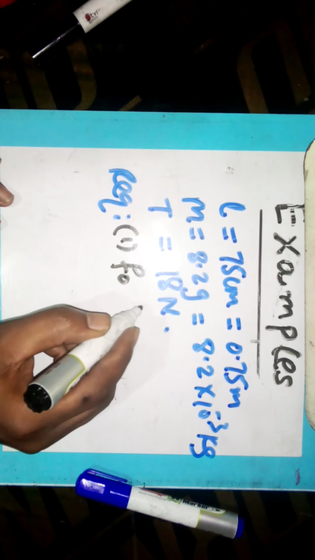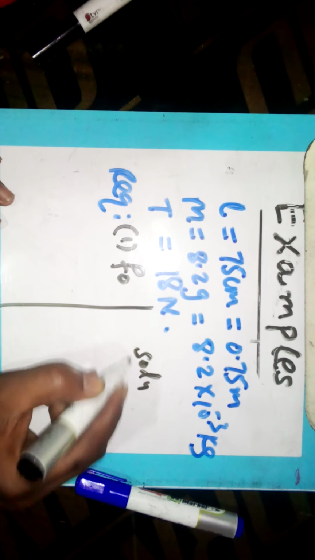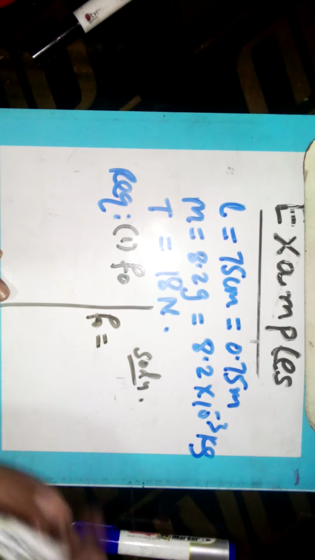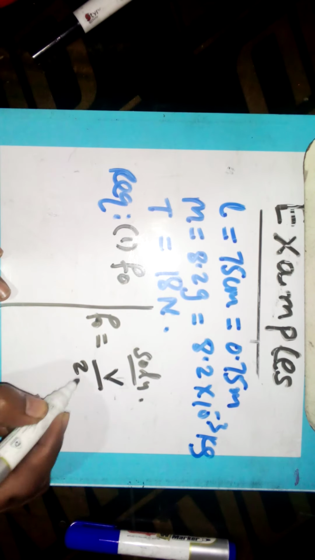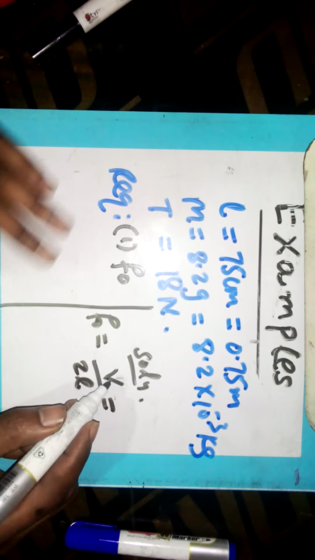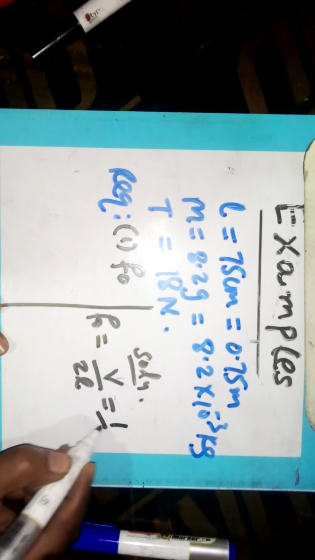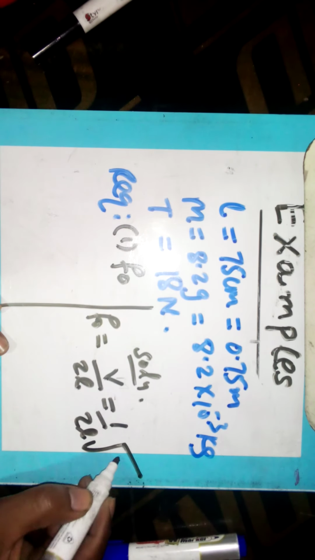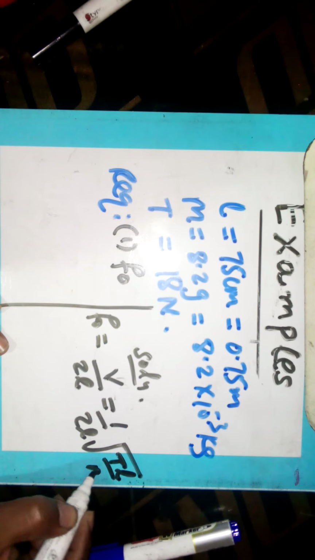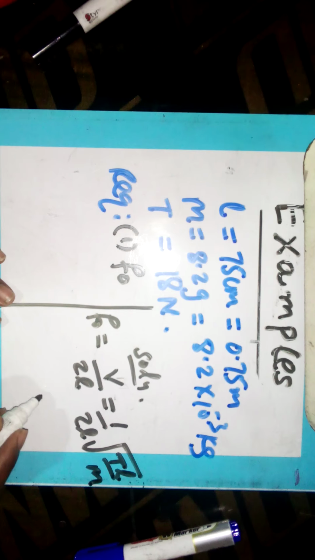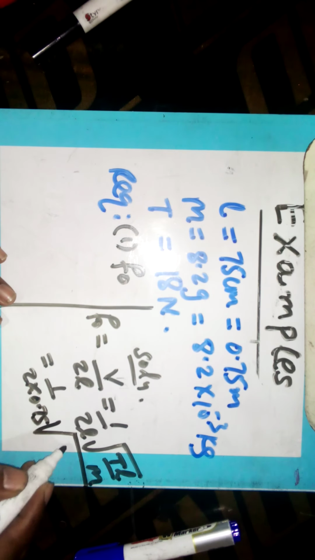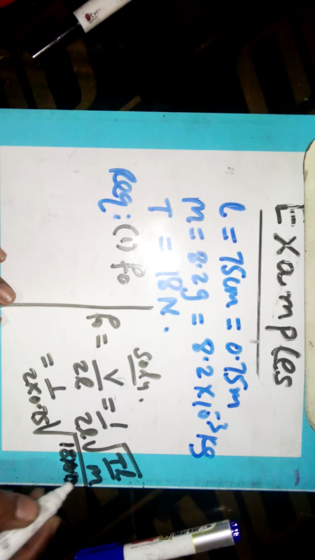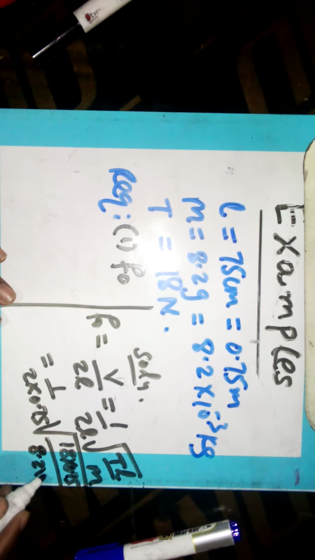Solution: on calculating F naught, I think you know what F naught is. For a vibrating string, it is V over 2L. We don't have V directly, but we know how to get V. This is the same as 1 over 2L times the square root of tension times L over M. Therefore, 1 over 2 times 0.75, under the root of tension 18, L 0.75, over M, 8.2 times 10 power negative 3.